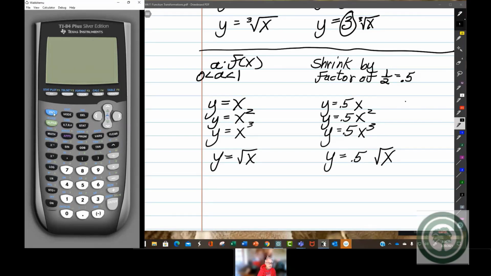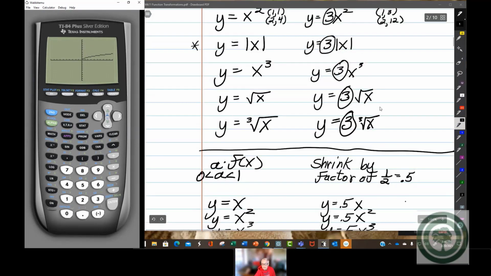So let's actually do that so you can kind of see. Here's y1 equals the square root of x. Okay, now I'm going to stretch it by a factor of 3.